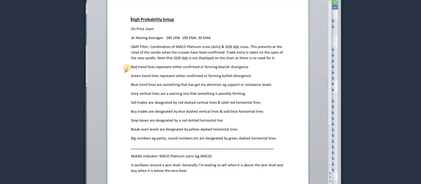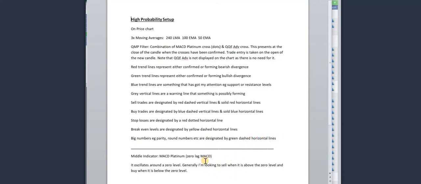Basically, red represents sell, green represents buy, blue trend lines, just something of interest, grey, warning. It shows you how I designate my buy and sell trade setups on the charts. Like I said, blue's normally buy, red's normally sell. Stop losses are a red dotted line, break evens are yellow dashed lines, big numbers are green dashed lines.